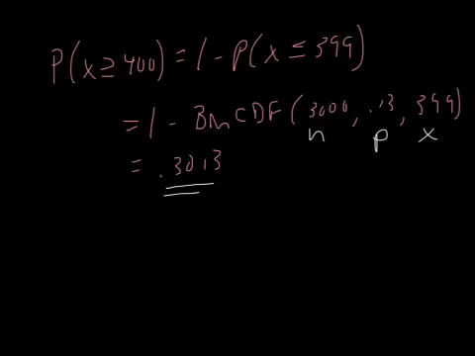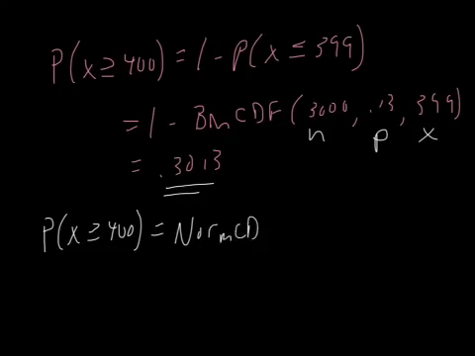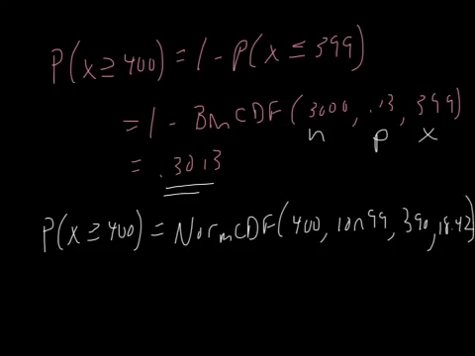For the normal model, the probability of x being greater than or equal to 400 doesn't require any fancy subtracting from 1. We just go right in, normal CDF. Our lower bound is going to be 400, 10 to the 99 is our upper bound, our mean is still 390, and 18.42 for our standard deviation.